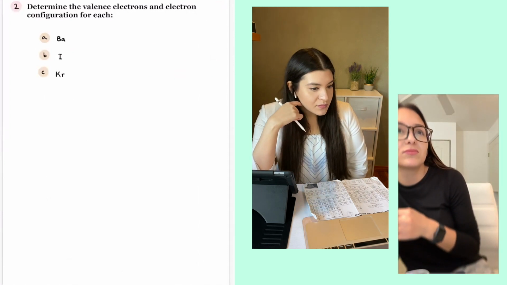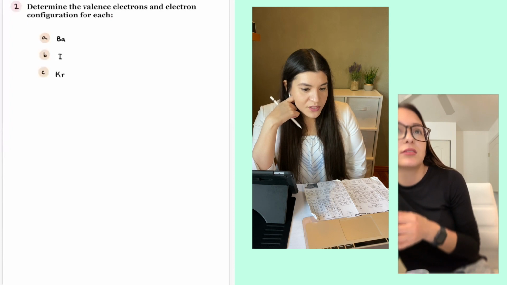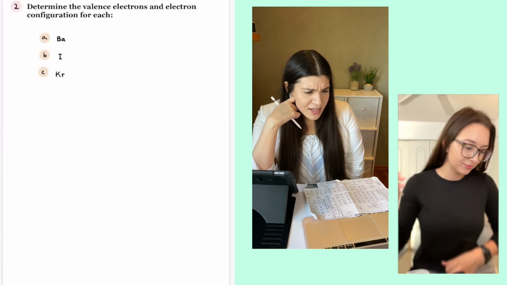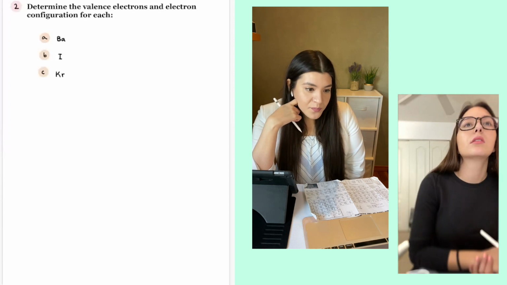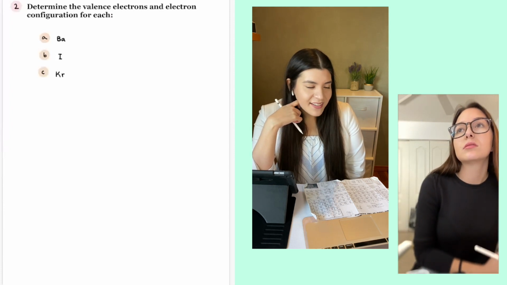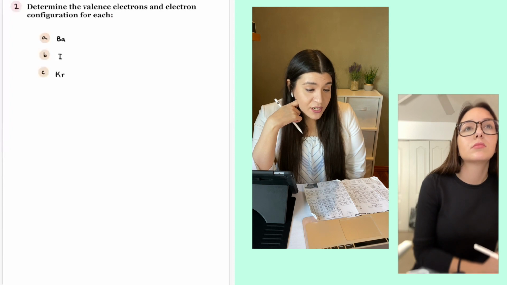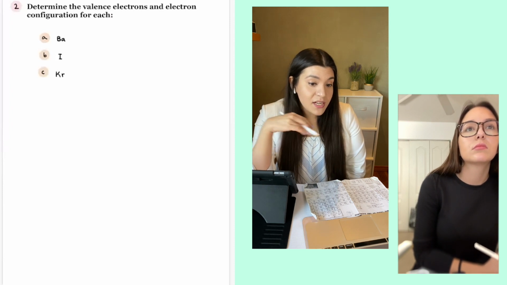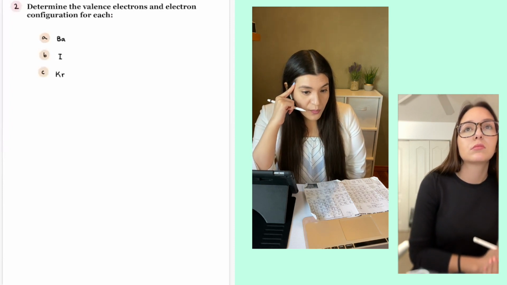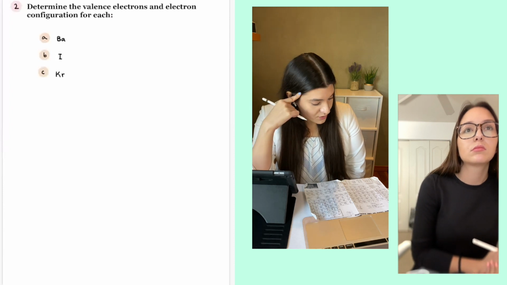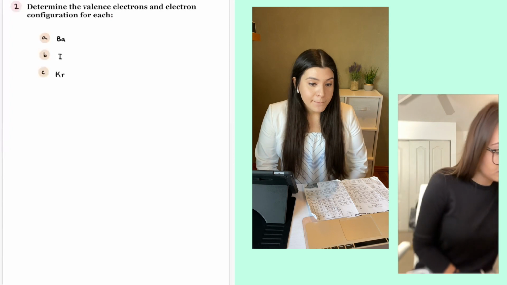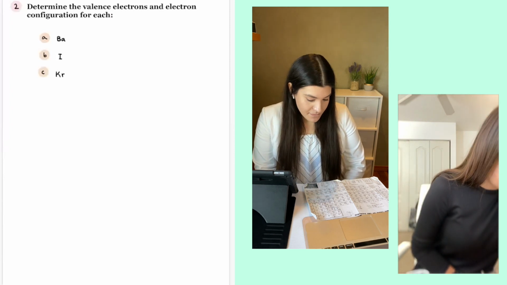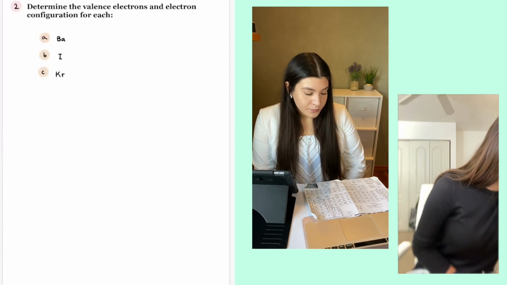Number 2. So what you could do here is let's do the abbreviated condensed electron configuration for each one. So instead of writing the whole entire thing, let's just go from whatever noble gas is right before it. So let's go ahead and do the first one, barium. Okay. Let me find that one here.